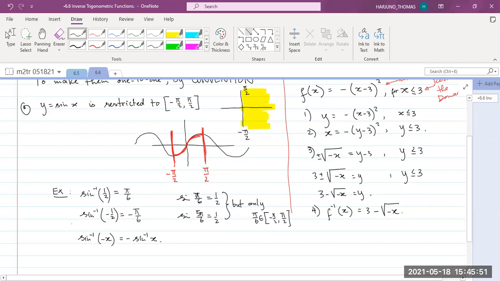Okay. Now that's for sine inverse. Another one, the tangent.